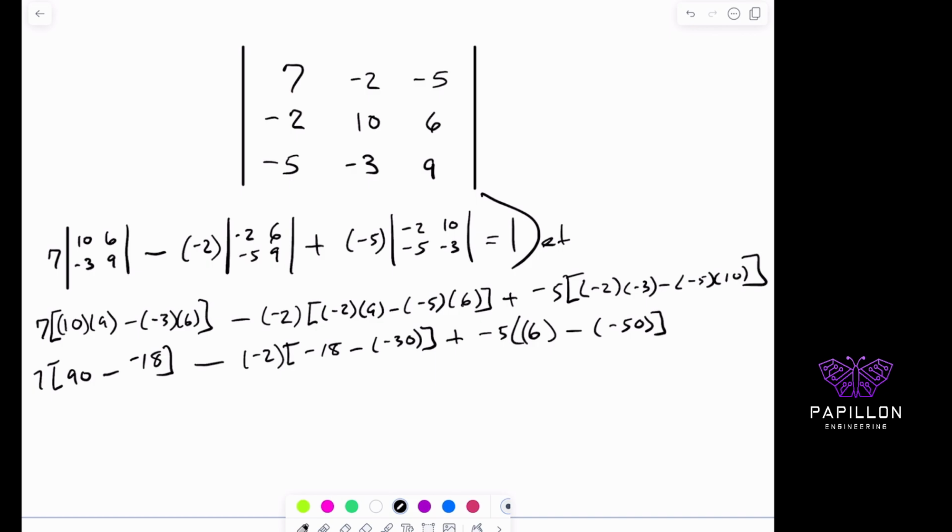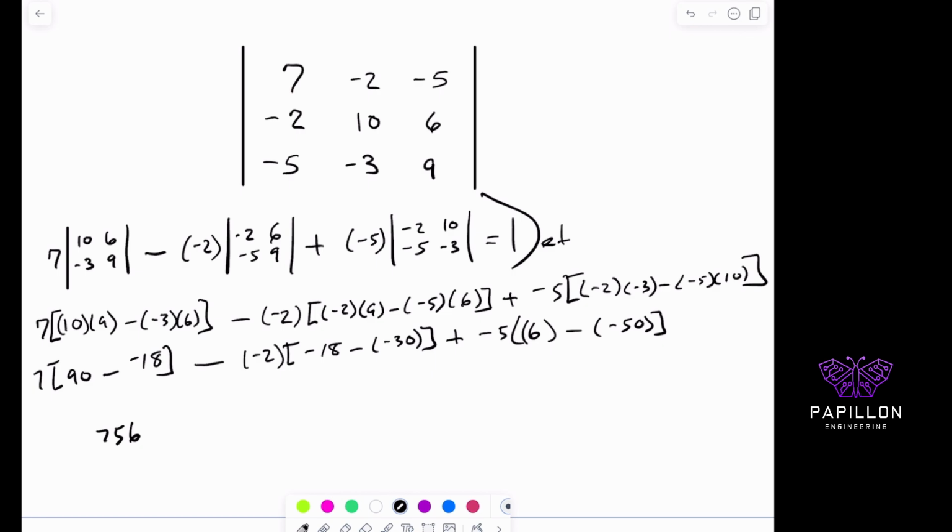Okay, so far I think I'm looking pretty okay with this. I'm going to use a little calculator here as well to make sure I'm plugging this in right, but please work on this with me. So 90 minus 18 times 7 gives back 756.